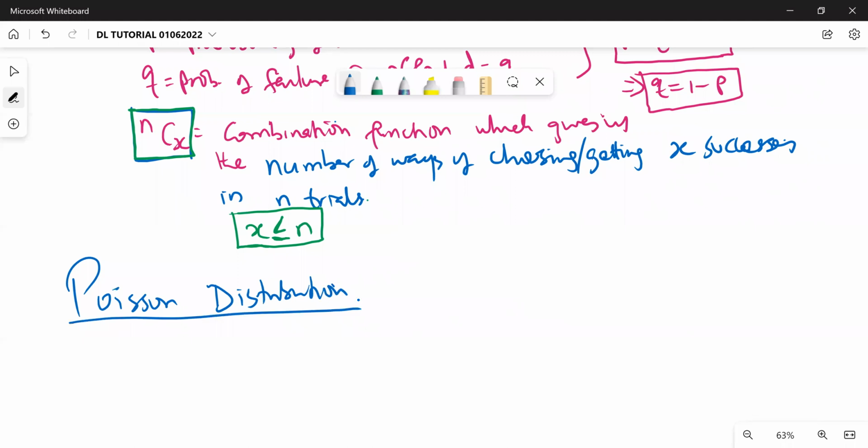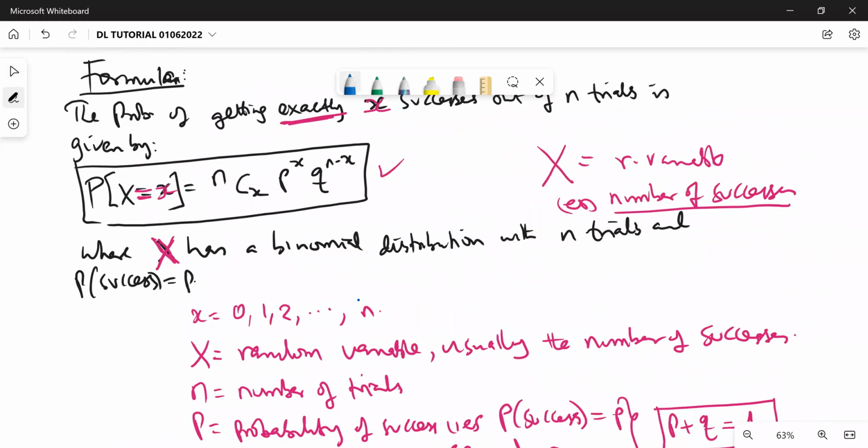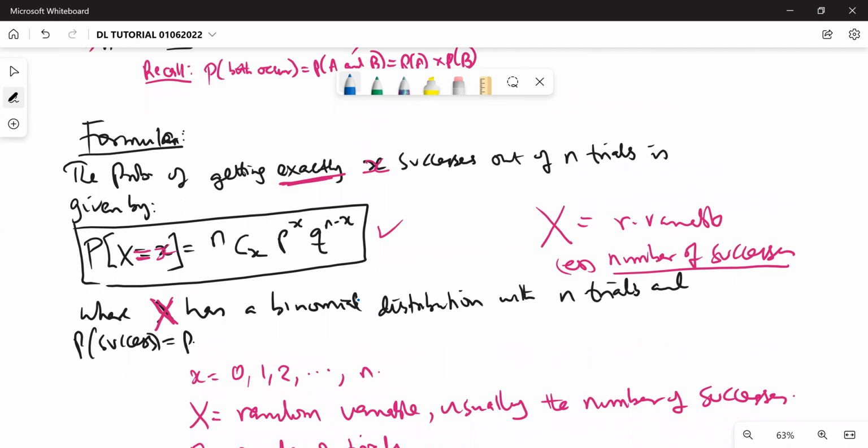The Poisson distribution can be looked at as a special version of the binomial distribution. Sometimes we can use the Poisson distribution to approximate the probabilities of a variable which follows a binomial distribution.